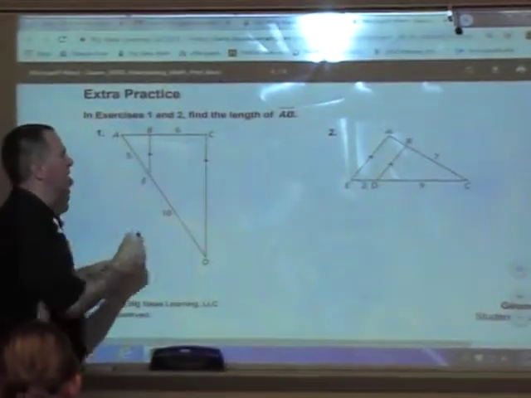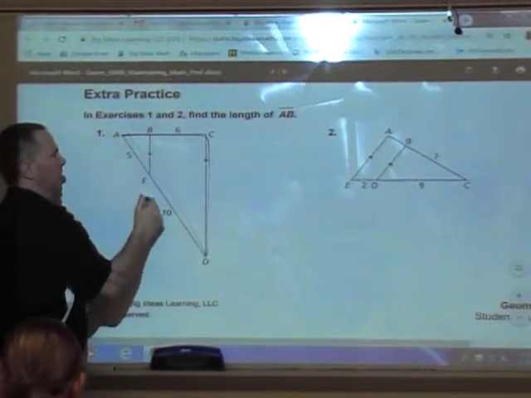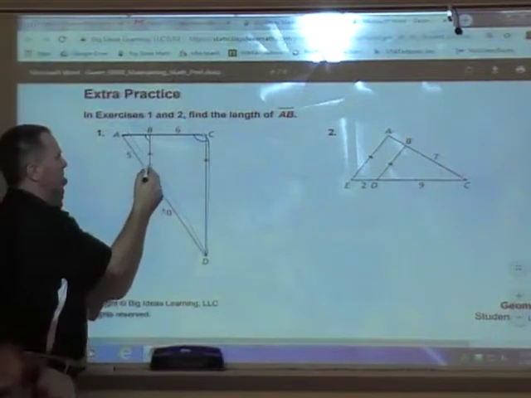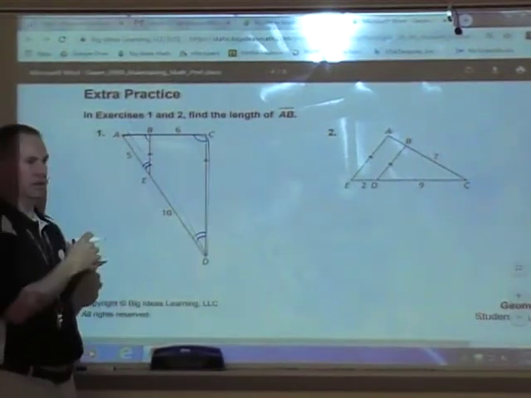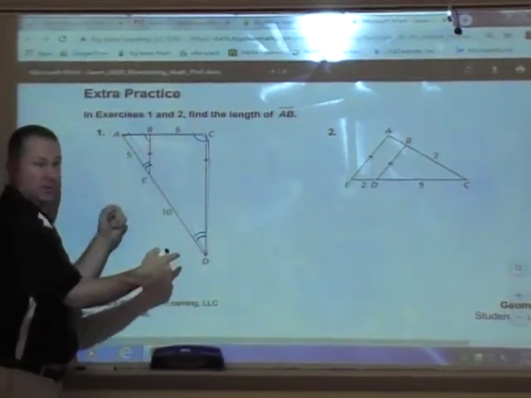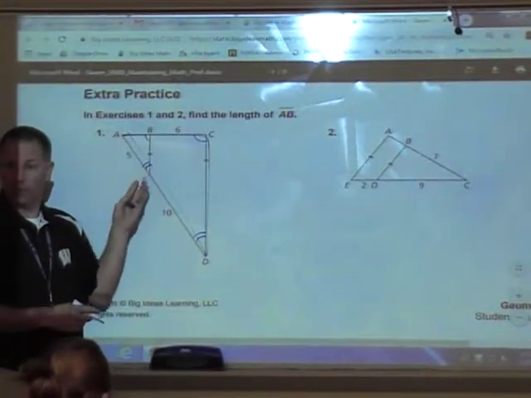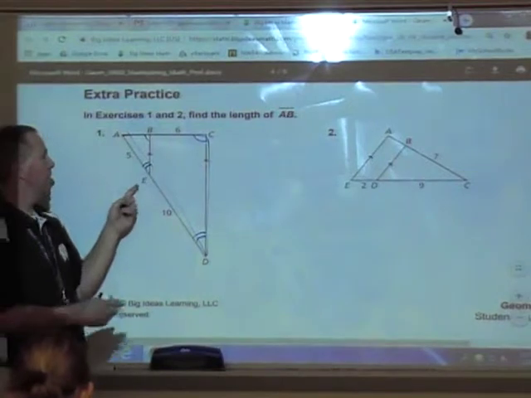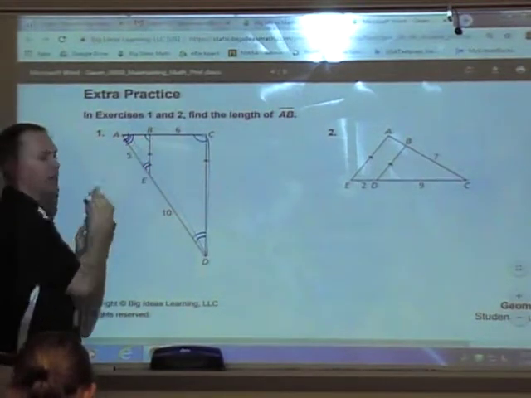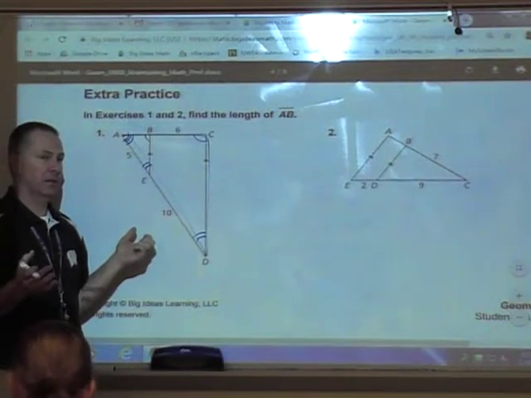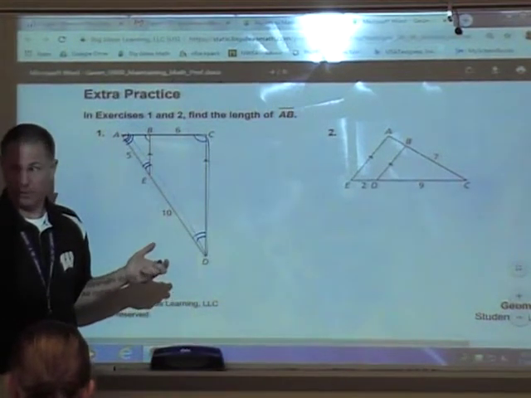Why is this little triangle similar to the big triangle? Well, you have corresponding angles there, corresponding angles here, right? Because these are parallel lines. Corresponding angles. So by the angle-angle similarity theorem, the two triangles are similar. You could have said angle A is congruent to itself, right? Why is that? Reflexive property. Okay, don't forget.